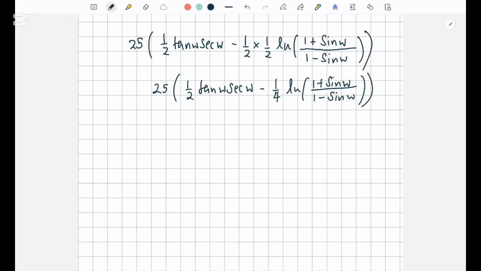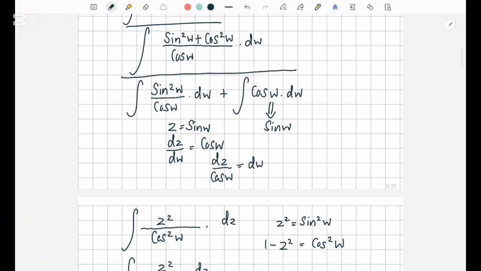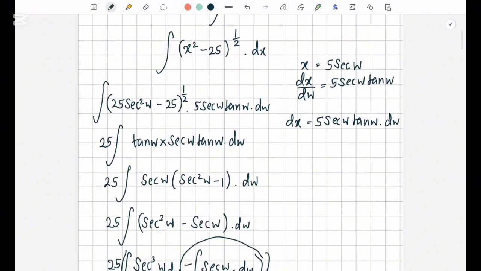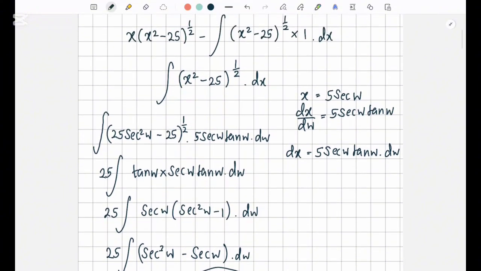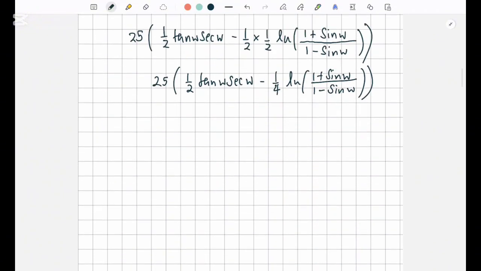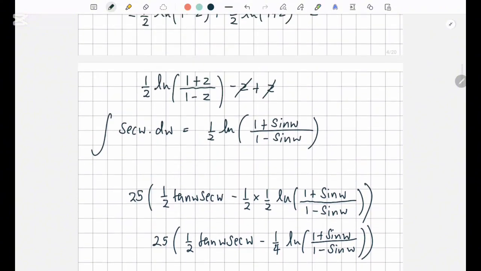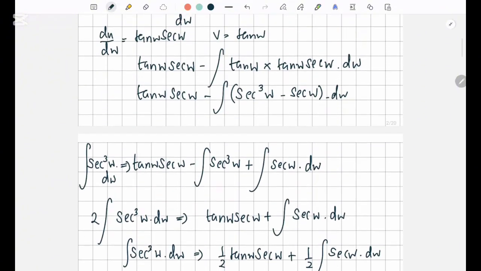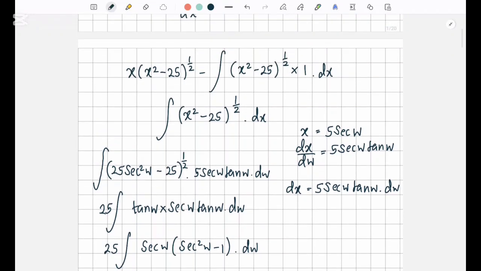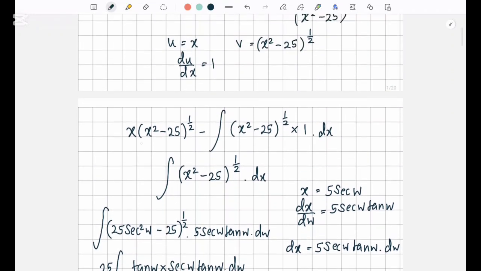Okay, so now we can go to the substitution we had first. Our first main substitution was x equals 5 sec w. But we need to add this up with this guy over here, because you can see we had x into x squared minus 25 in brackets to the power half minus this integral.